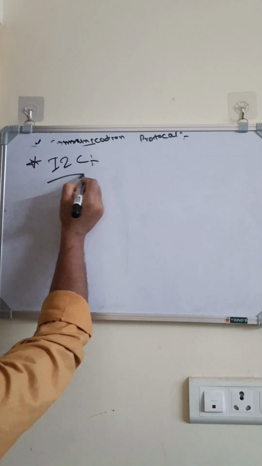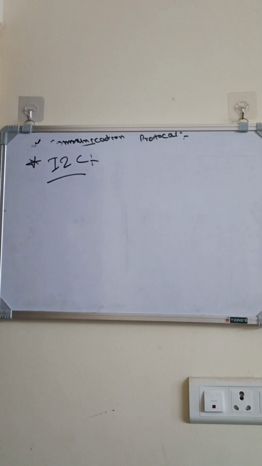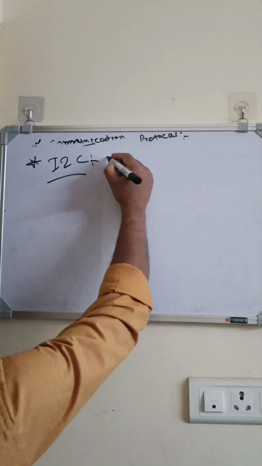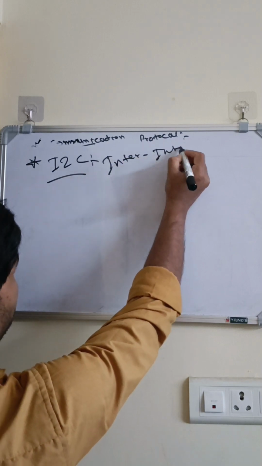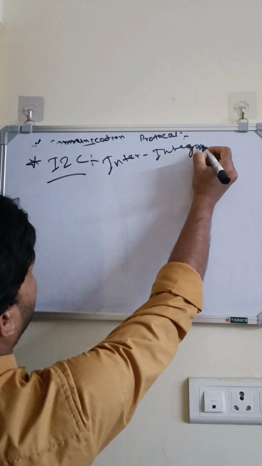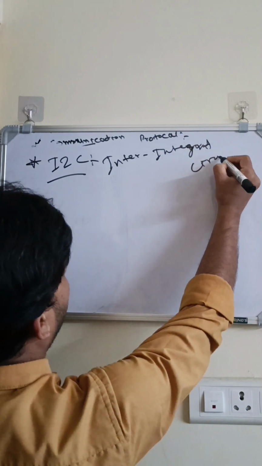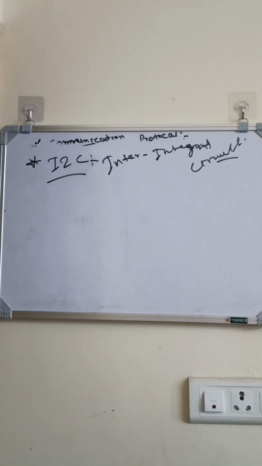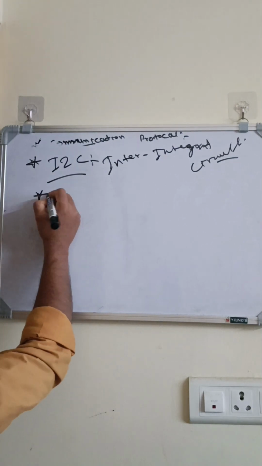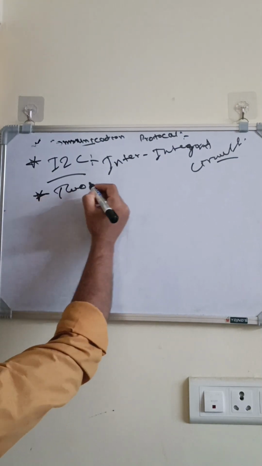I2C. Okay, so I2C is also one type of communication protocol. Basically it stands for Inter-Integrated Circuit. In I2C there is also two-wire communication.